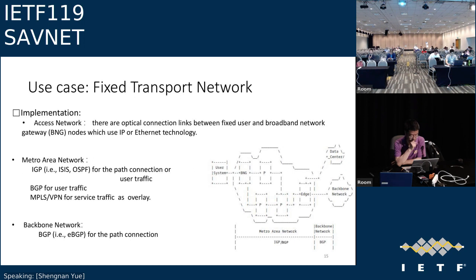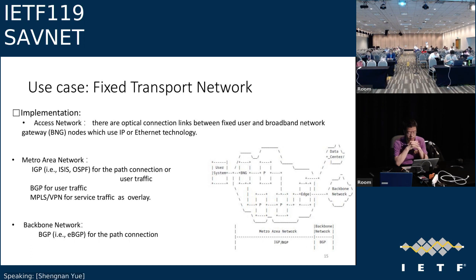A typical fixed transport network is also hierarchical and divides into access network, metro area network, and backbone network. In the access network, there are optical connection links between fixed users and broadband network gateway, that is BNG nodes, which use IP or Ethernet technology.